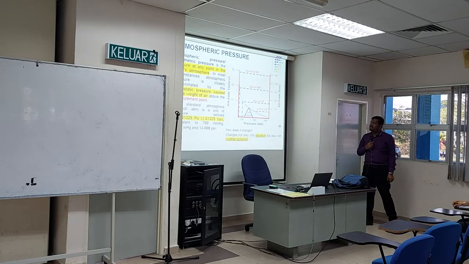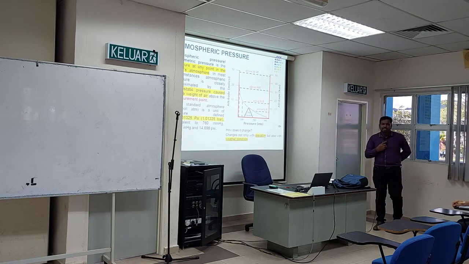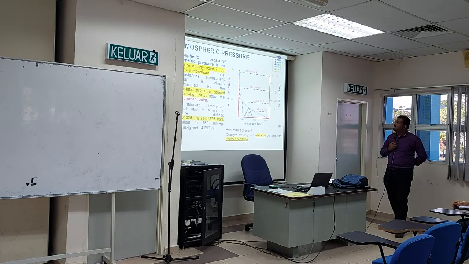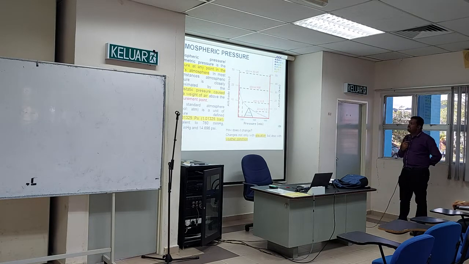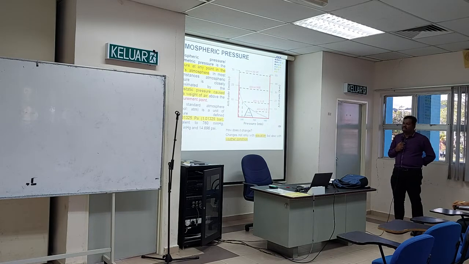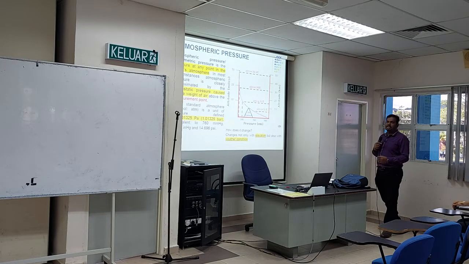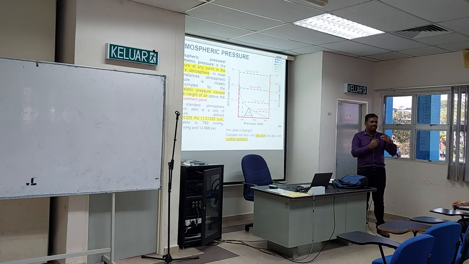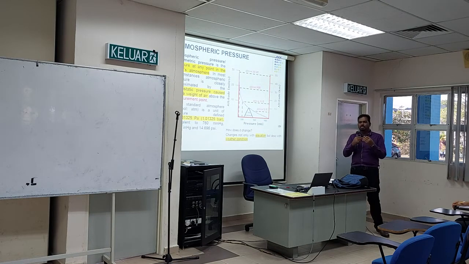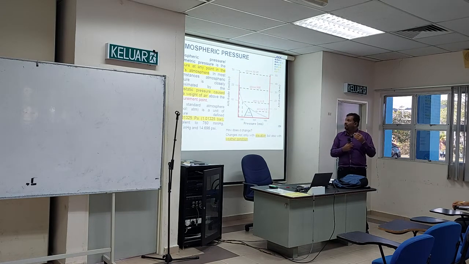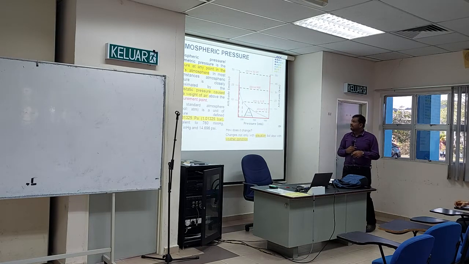Okay, so atmospheric pressure kita baca sikit. I think mostly I already explained, tapi kita baca sikit lah. So the yellow point, okay, kita panggil also as barometric pressure. Kalau you tengok barometer, baro maksudnya is a Greek term, Yunani kan, term Yunani for pressure.